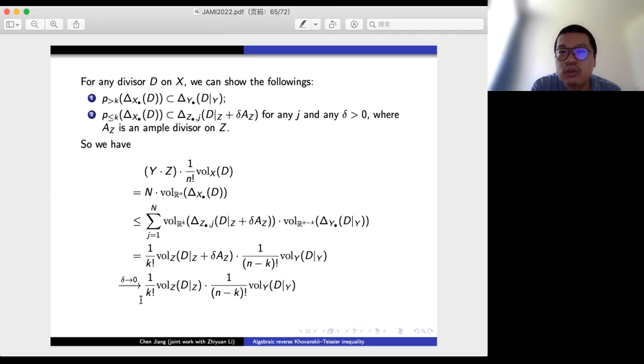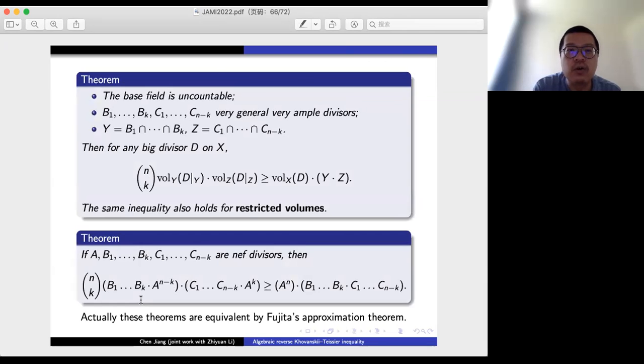Okay, to summarize, what we showed is the following. We take B1 to BK and C1 to C_{n-K} to be very general, very ample divisors. Here by very general, I need to assume that the base field is uncountable. Otherwise, it makes no sense to take very general ones.